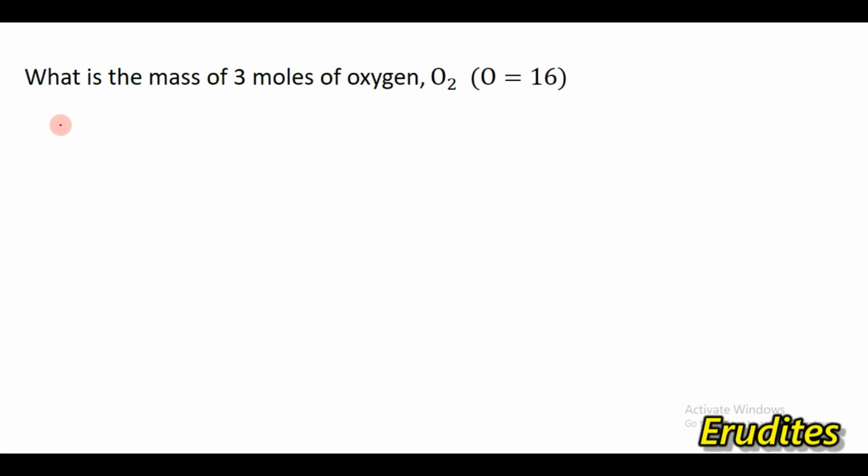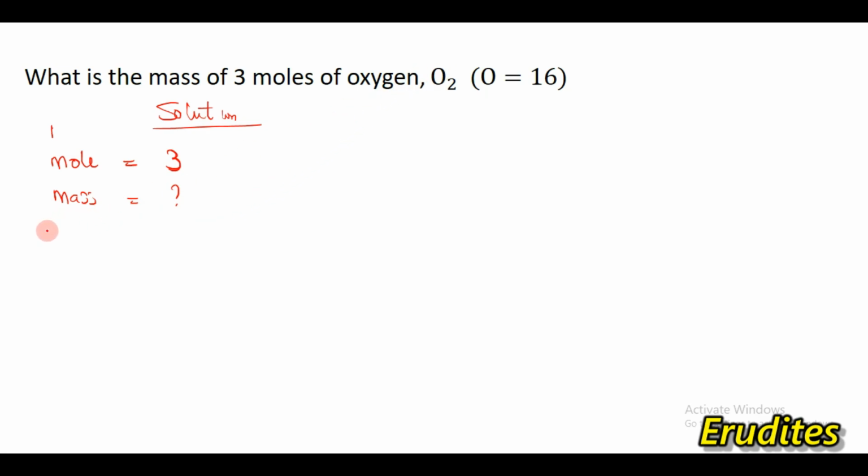In this question, we are given that the number of moles of oxygen is equal to 3. We are looking for the mass, because the question is, what is the mass of 3 moles of oxygen? So the mass is unknown.